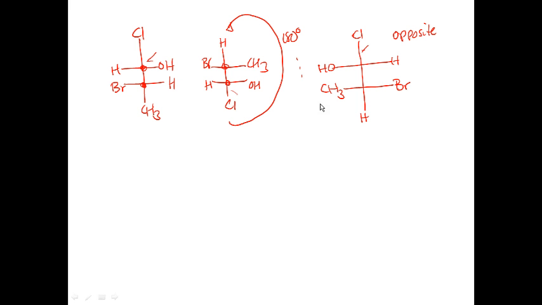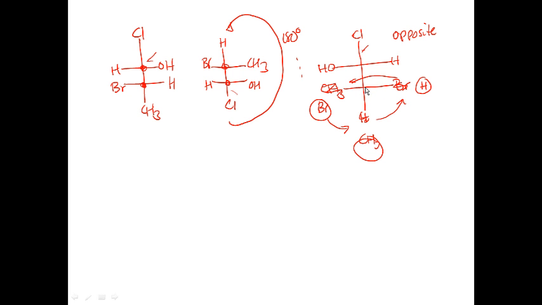Now, when I look at the bottom carbon, I don't see any. I see that I'm going to either have to do group switching or I'm going to have to move the groups around. So with this molecule, what I see is that if I move the H up here and I move the Br over here, and then I move the CH3 down here, now looking at the Br, the CH3, and the H, the bottom carbon is in exactly the same configuration in both molecules.